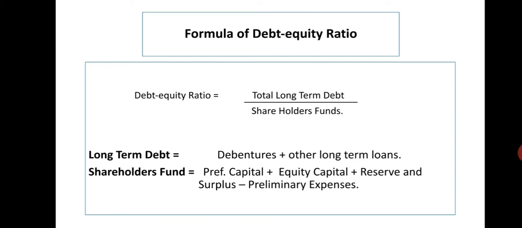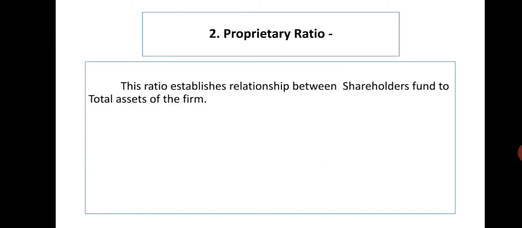So long term debt means debentures plus other long term loans, and shareholders fund means preference capital plus equity capital plus reserves and surplus, and more importantly minus preliminary expenses. If in the problem preliminary expenses are given, these should be deducted over here.